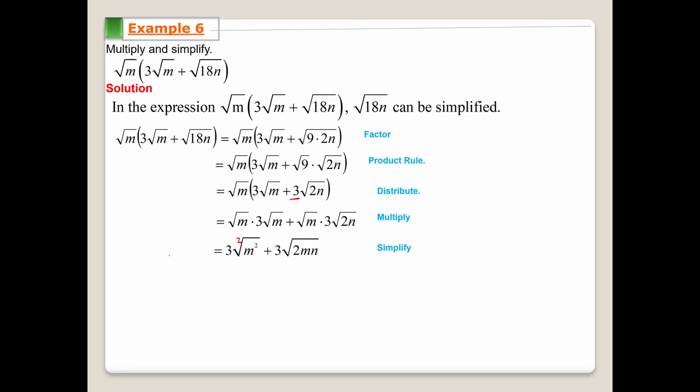So we should be able to simplify that by saying this is equal to m squared to the 1/2 in our exponents. If you take 2 times 1/2, that's simply going to give you m to the power of 2 over 2, which is m to the power of 1. So that should give us a simplified 3m plus 3 square root of mn, because there's nothing else we can do with a square root of 2mn.